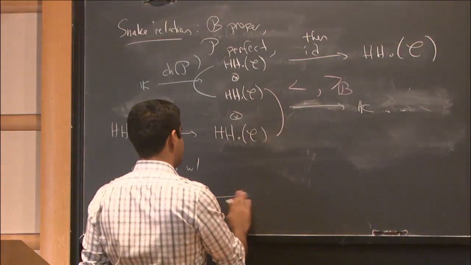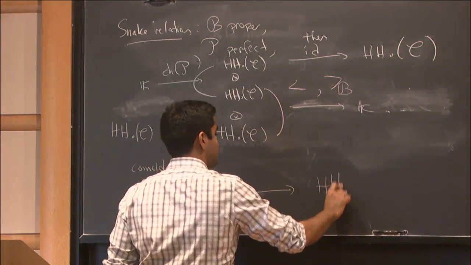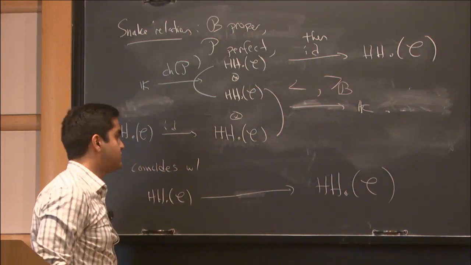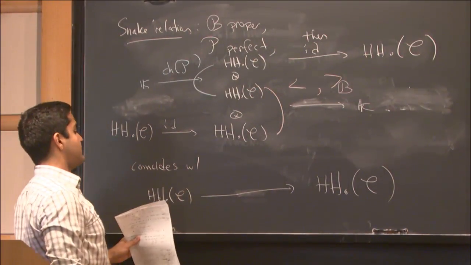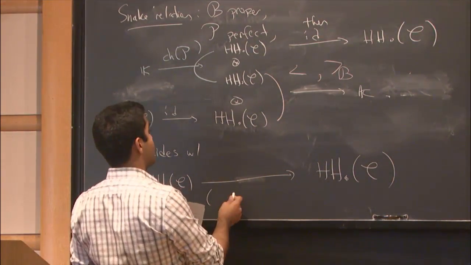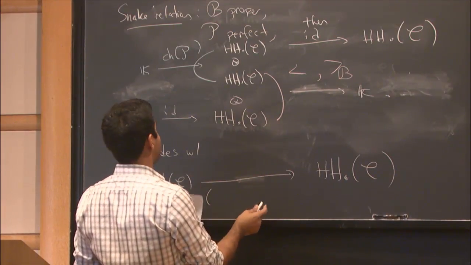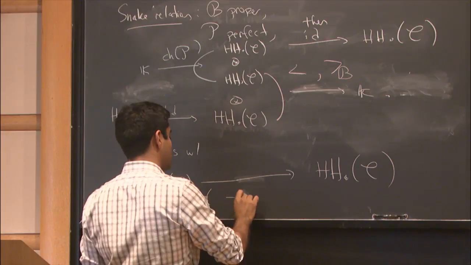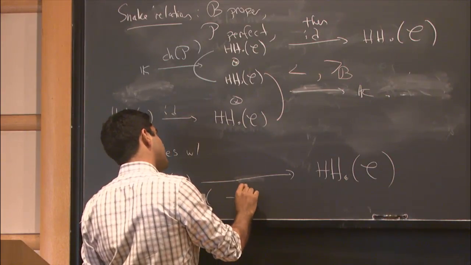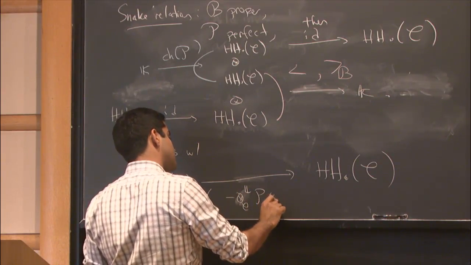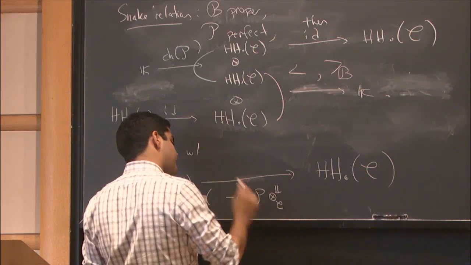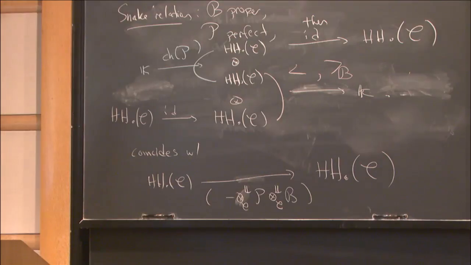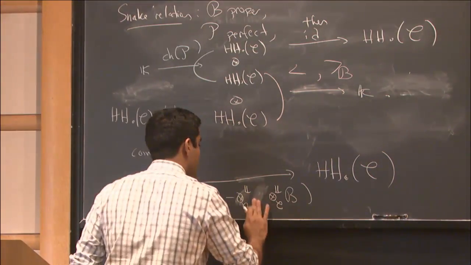Okay, and this coincides with what? There's a single map I can write down from Hochschild homology to Hochschild homology, this composition. And what is it? So I can take the functor, oh no, I want the other way.